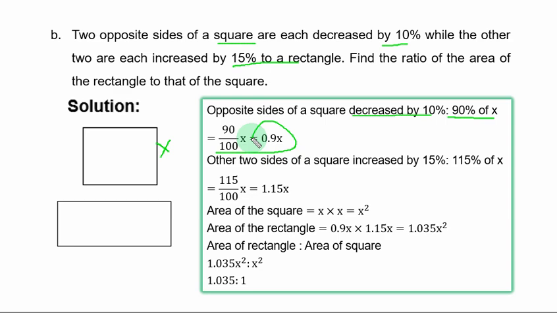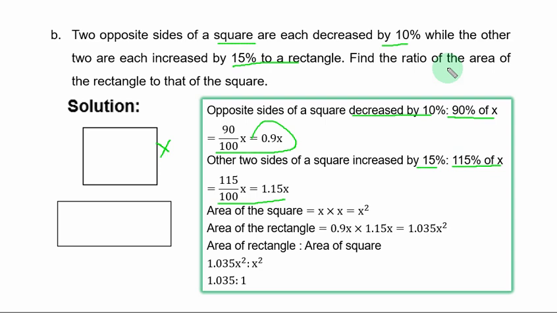The other two sides of the square increase by 15%. The total side is 100%. Increment of 15% takes it to 100% and 15% of the side S, and that simplifies to this.